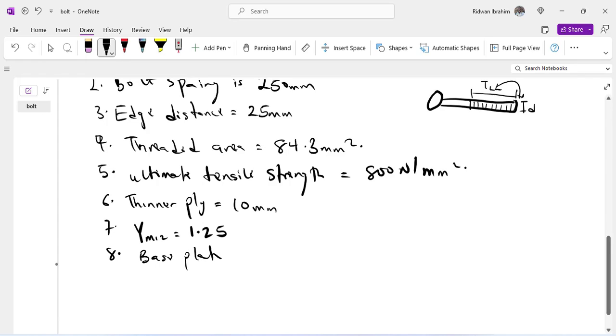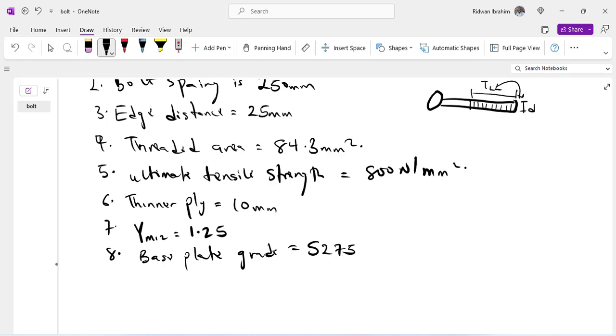The base plate's grade, if I remember, we chose grade S275 and we said that the thickness is less than 40 mm, and that gave us the design strength of 265, right? In this case, the reason why we need the base plate grade is also to know the bearing strength, not the design strength, the bearing stress.